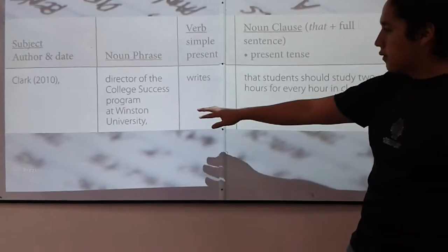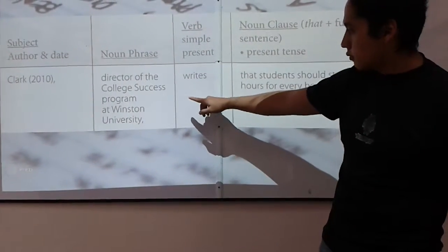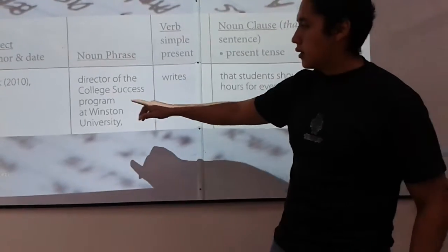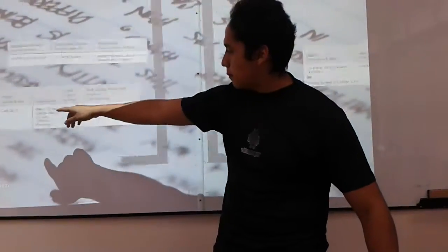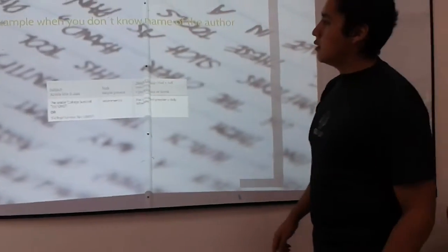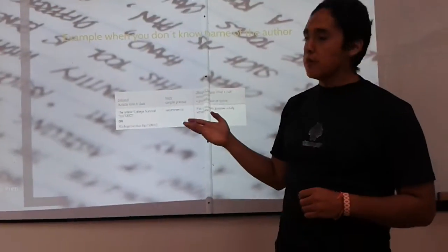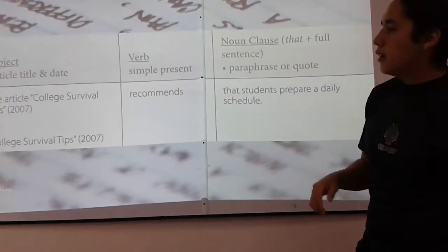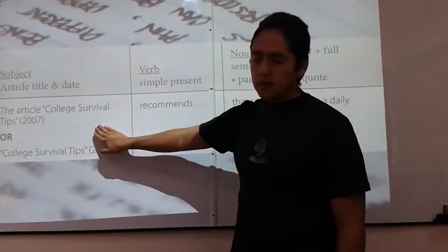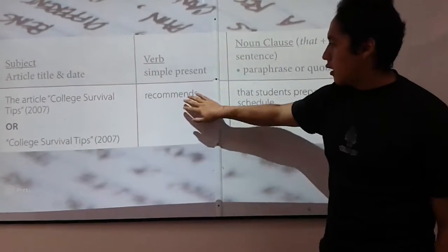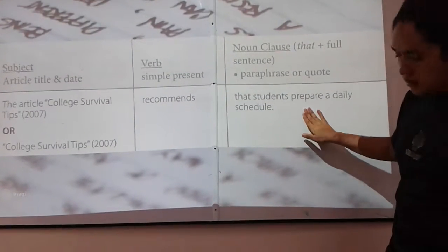In all of these we have the title, except in this one, but every time we have to put the author. Then an example for when we don't know the name of the author: in this way the title is important, and then the idea.